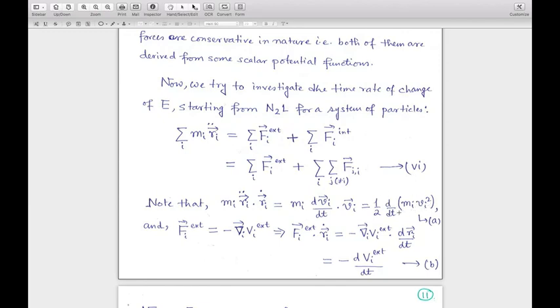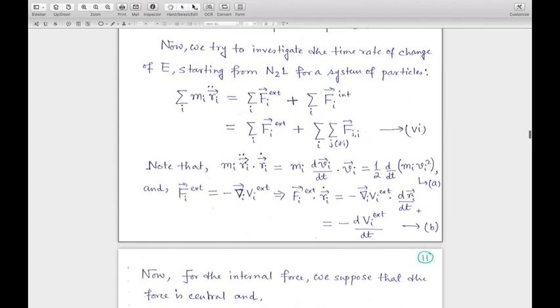So this is nothing but the rate of change of the kinetic energy for the ith particle. This is mi ri double dot dot ri dot. And Fi external is written as usual as minus the gradient of Vi.